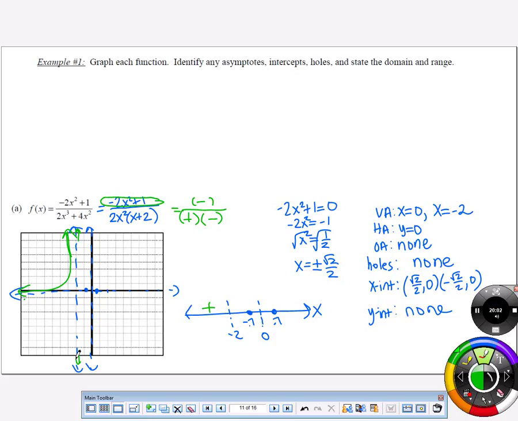So the question is, is it this piece up here, which means all the x values in here would produce positive y values? Or is it going to look something like this, which means all the x values in here produce negative y values? So again, what I care about is if I plug in an x value that's between -2 and -0.7, do I end up with a positive or a negative result? And that will tell me which of these types of things I should draw there.